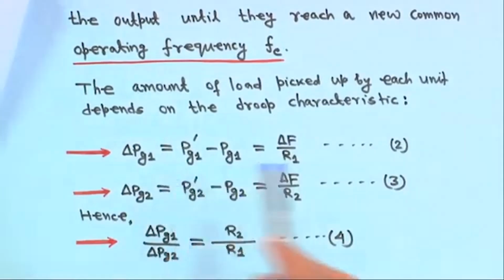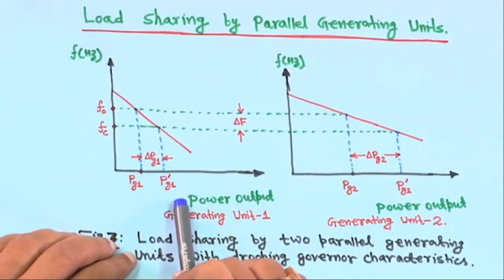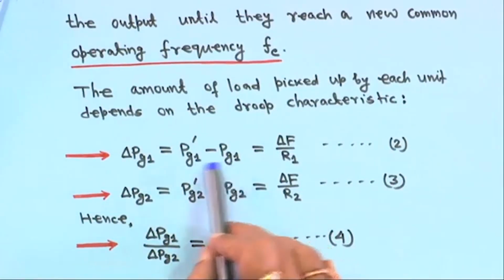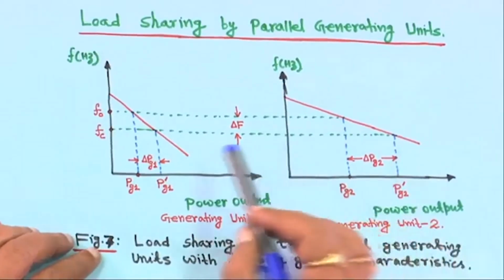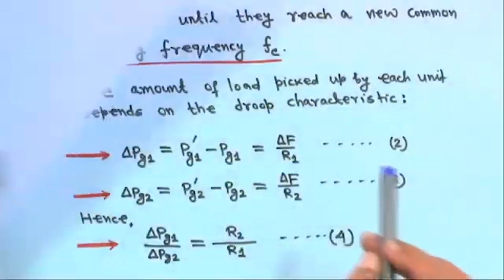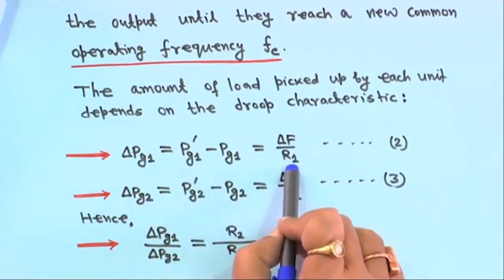For example, from this figure I told you that delta Pg1 is equal to Pg1 dash minus Pg1, which is equal to delta F upon R1. So, this is your delta F, and the slope characteristic R1 is basically delta F upon delta Pg1.